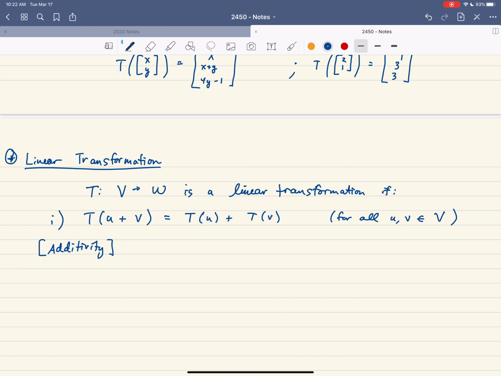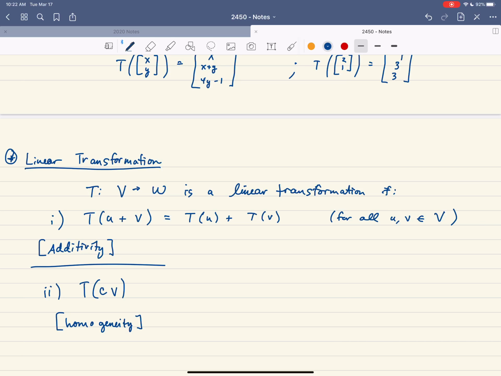And then the second property is called homogeneity. The idea here is that I'm going to pick some vector from V, and I'm going to pick some scalar. Remember, for us, that means real number, because all of our vector spaces that we've talked about are real vector spaces.